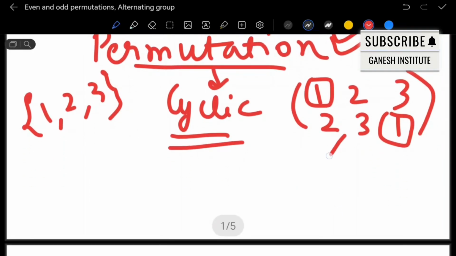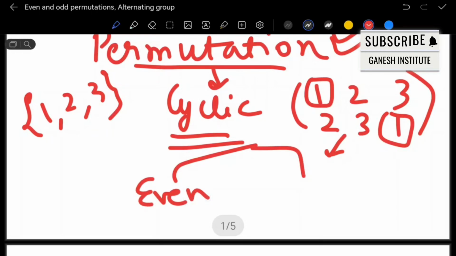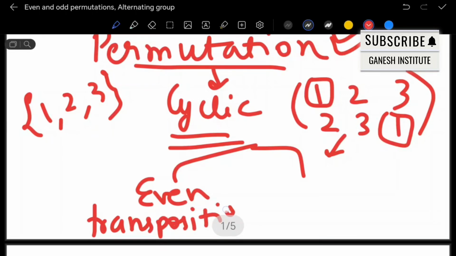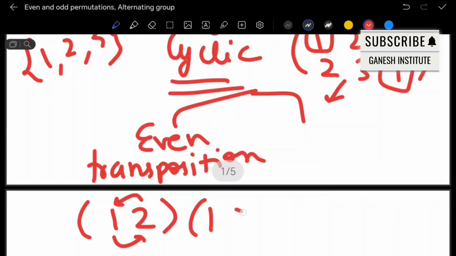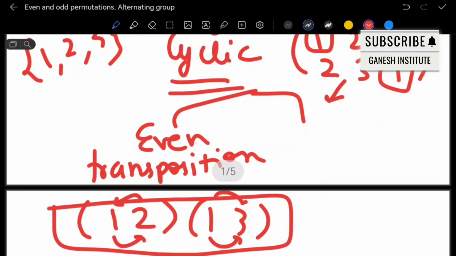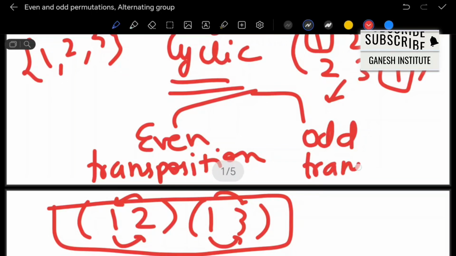Now if I break it into transpositions, meaning cycles of length 2, for example 1 with 2, 2 with 1, then 1 with 2, 1 with 3, 3 with 1. If I can break it into an even number of transpositions, then that is even. If I can break it into an odd number of transpositions, then that is an odd permutation.